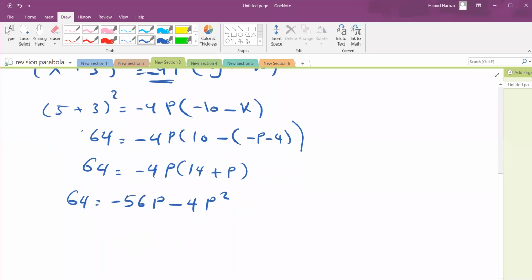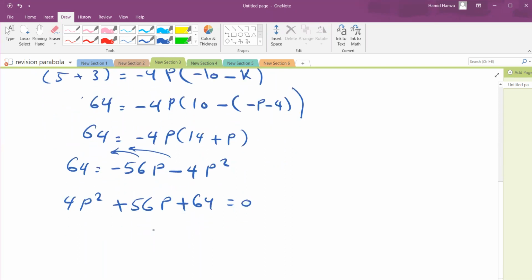We want to solve it after rewriting it. So I will take all of this to the other side to make it positive, and arrange them. So it will be 4p squared plus 56p plus 64 equals 0.